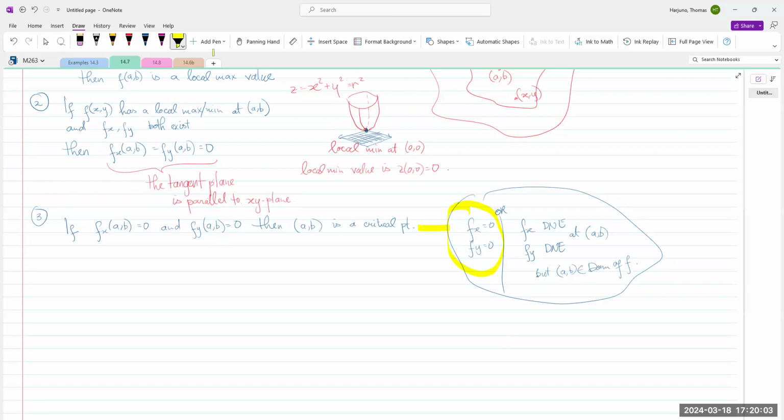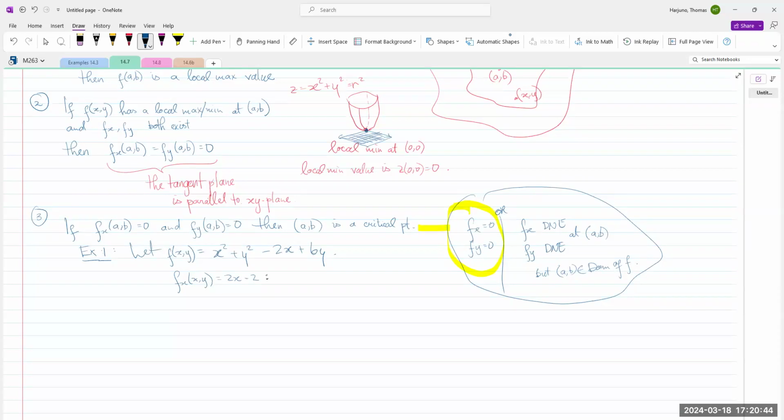Now, let's see a little example. I hope I don't wait until it gets too complicated before we start doing examples. Suppose f(x, y) equals x squared plus y squared minus 2x plus 6y. We do the first partial derivative with respect to x and get 2x minus 2.